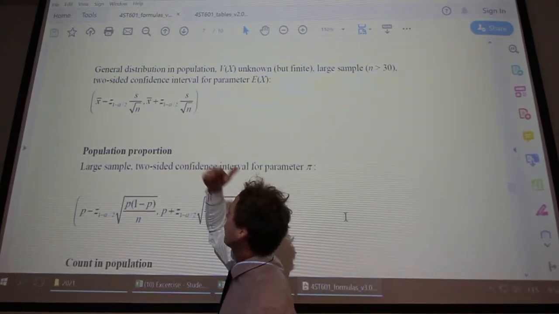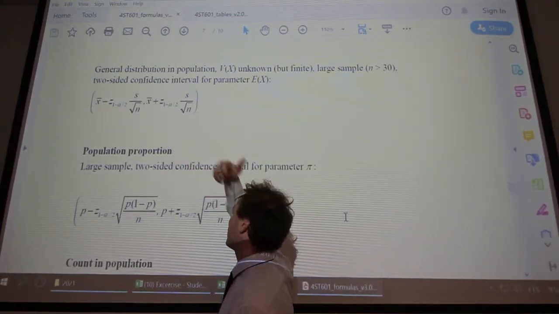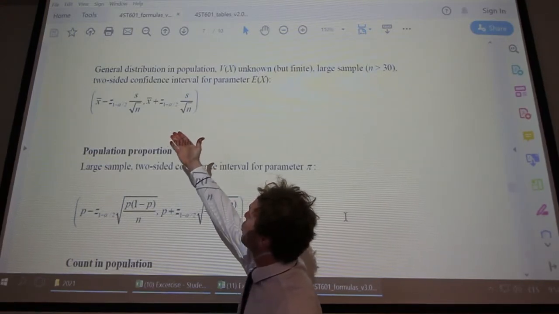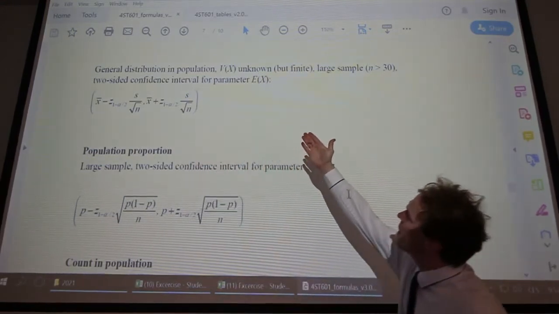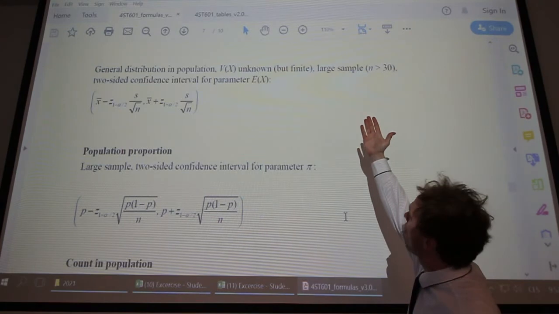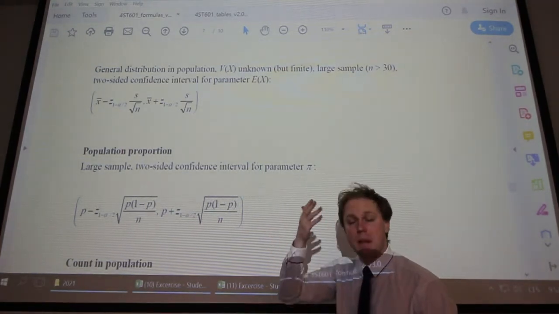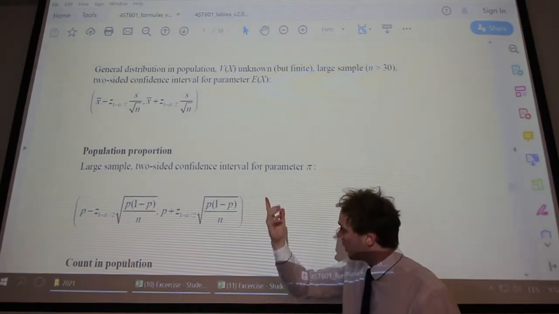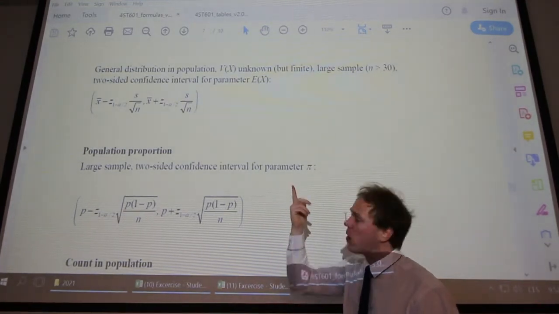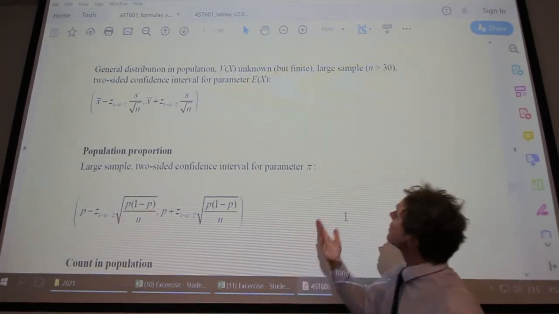So please check your formulas and find this confidence interval. Variance is unknown but finite. We already estimated the deviation, and the second power of deviation is the variance.